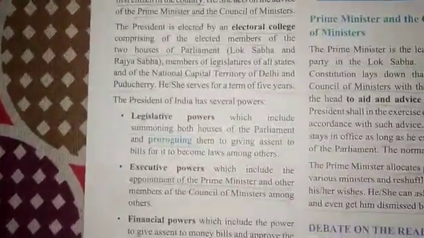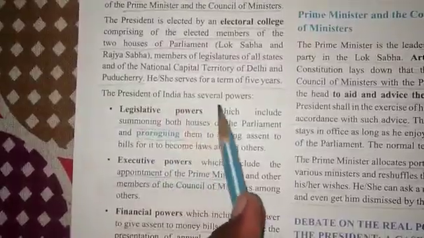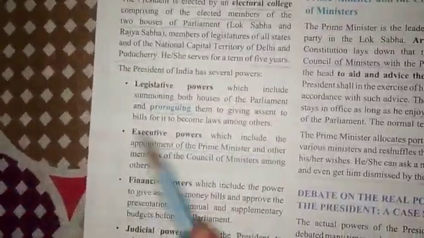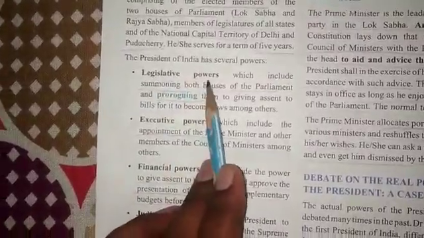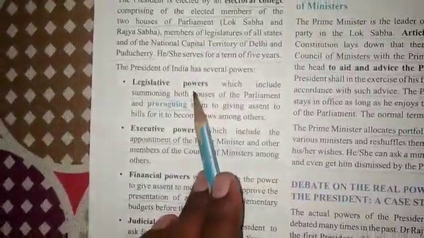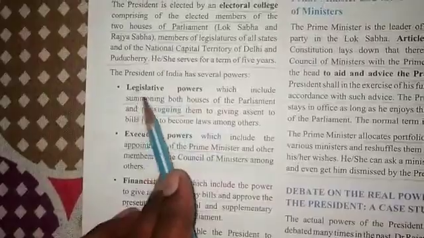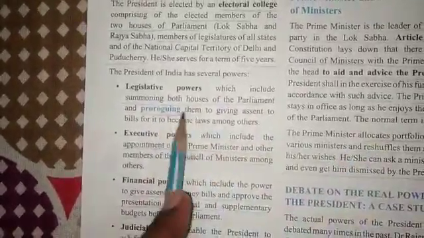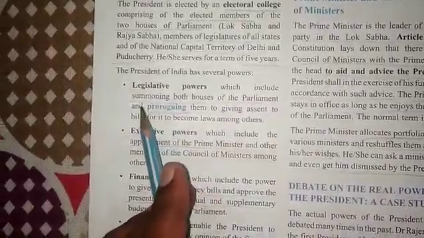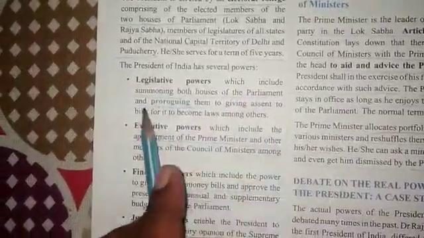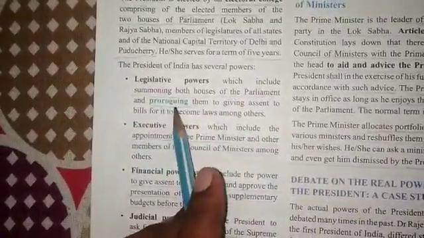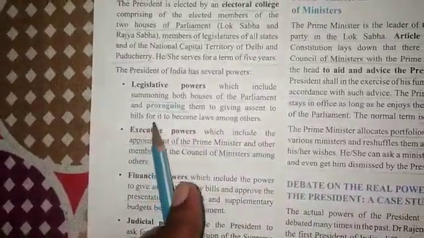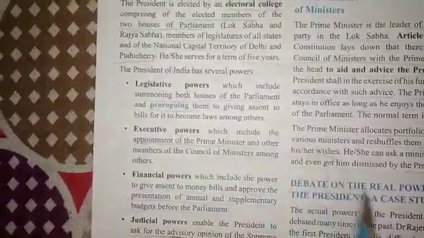Now, the President of India has several powers. So let us see what are the powers of the President of India. The first one is legislative power. Under the legislative power, the president can summon both the houses of Parliament and give assent to the bill for it to become law, among other things.